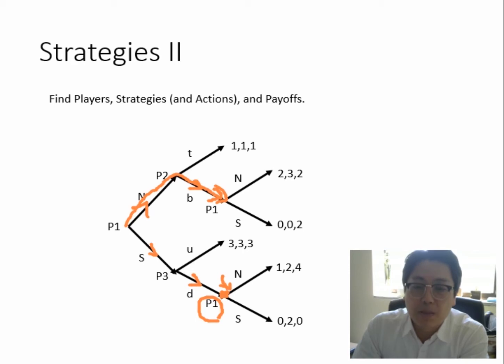So if this node is reached, then the first player knows that previously, in the past, this branch was played. The first player knows that fact.